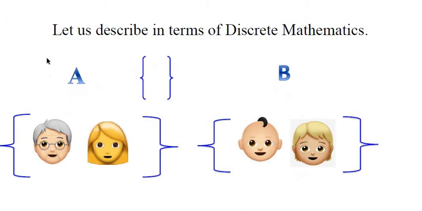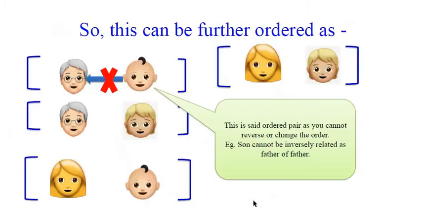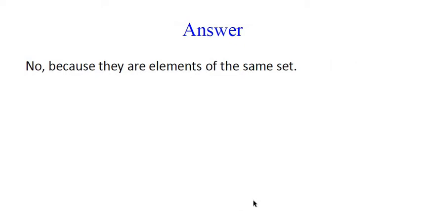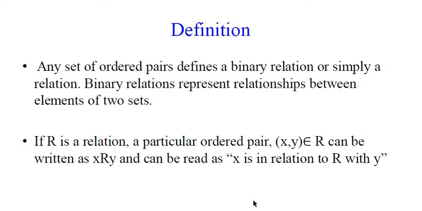We have taken set B and set A. In set B we have son and daughter, right? So we can't have a relation between them, because they are in the same set, okay? So we make a relation between the elements of different sets, right? So the answer is no, because they are elements of the same set.